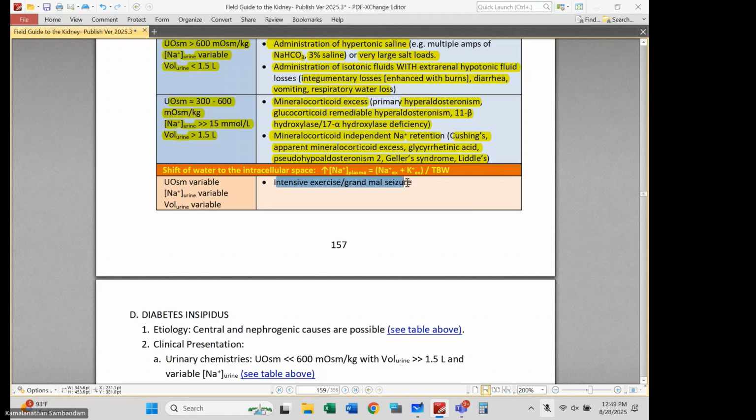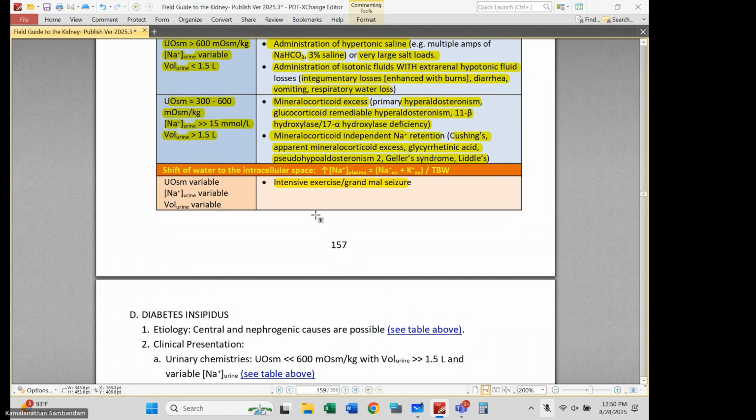This can happen when you have massive muscular contraction, and that results in a transient increase in osmolality of the muscle cells. Intensive exercise or grand mal seizures would be examples of this.